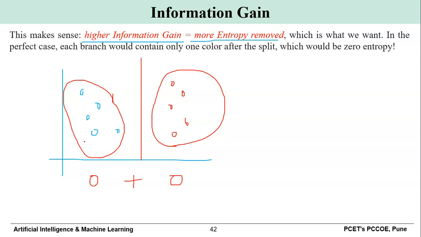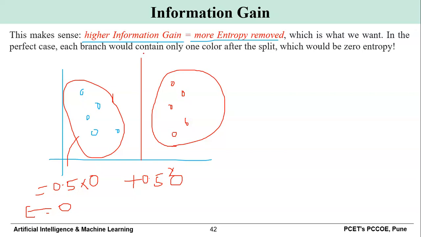If we again assign some kind of weight, it doesn't change the value, right? 0.5 into 0 plus 0.5 into 0, again the answer is the same, so entropy would be 0.